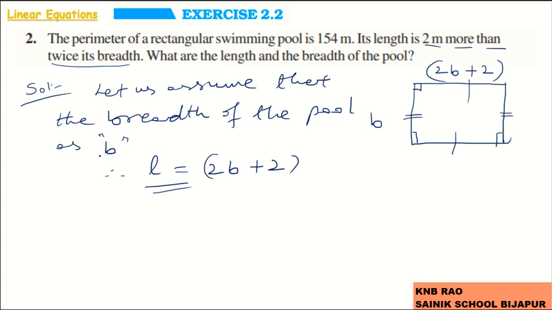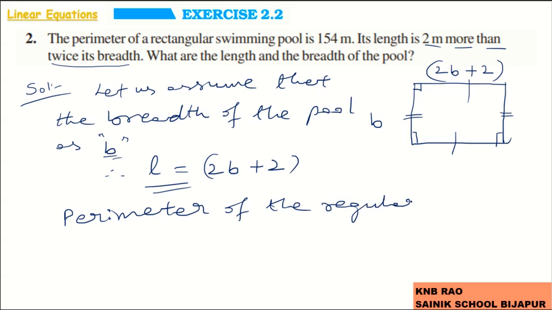You know what is length and what is breadth, and the perimeter of the rectangular pool is 154 meter.